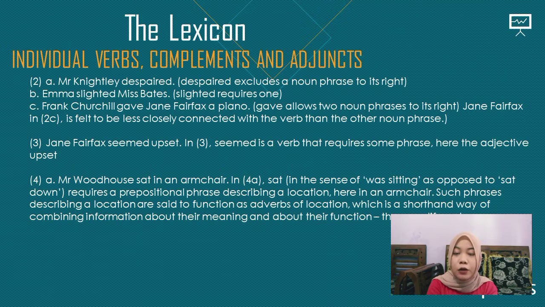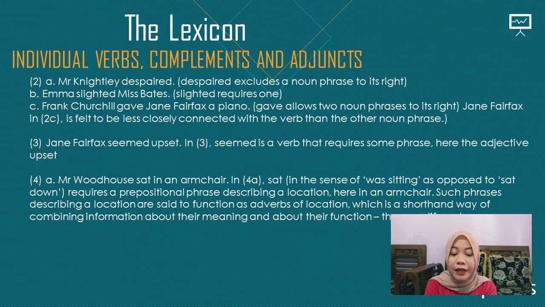Slighted di sini membutuhkan satu complement, yaitu Miss Bates. Yang ketiga itu Frank Churchill gave Jane Fairfax a piano. Nah, pada contoh ini gave di sini membutuhkan dua frasa kata benda di sebelah kanannya, yaitu Jane Fairfax dan a piano.